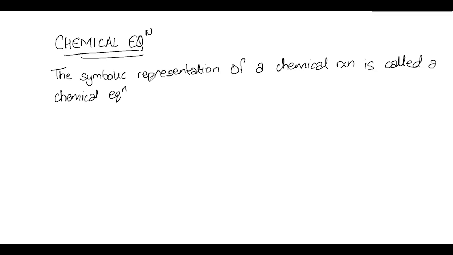So this is the basic definition of a chemical equation, that is, the symbolic representation of a chemical reaction is called a chemical equation. Now we'll see how to write a chemical equation. How do we form a chemical equation?